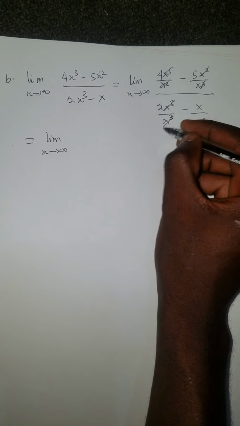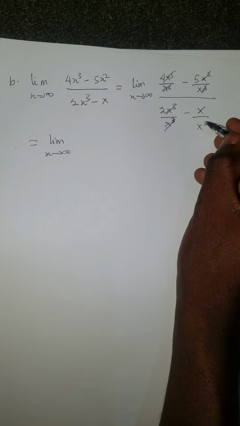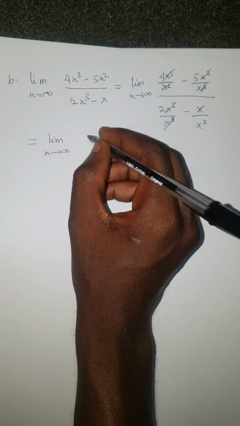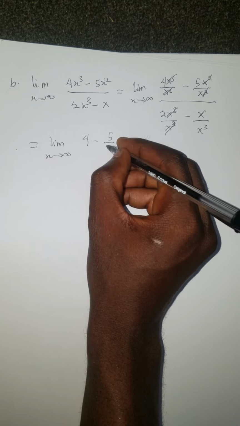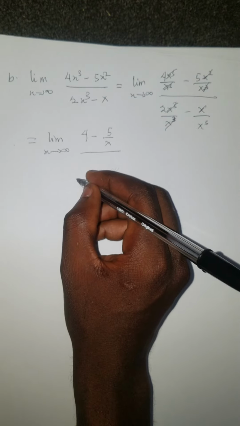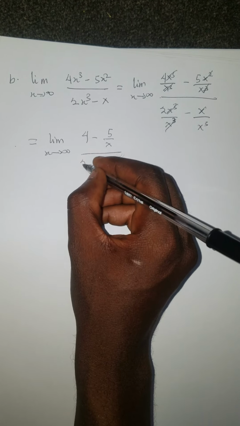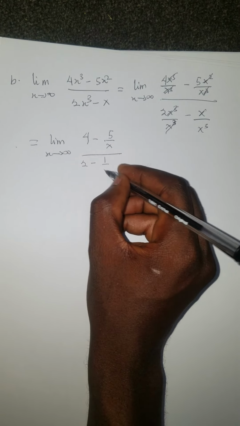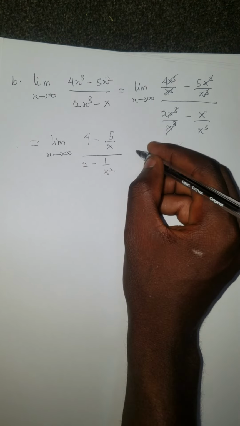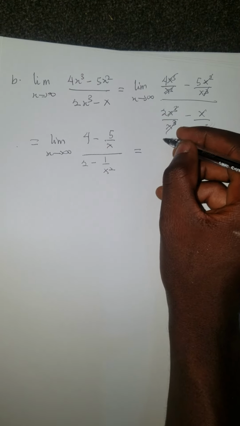Then this will take away this. This will take away one of this. So it will be 4 minus 5 over x, all over 2 minus 1 over x squared.